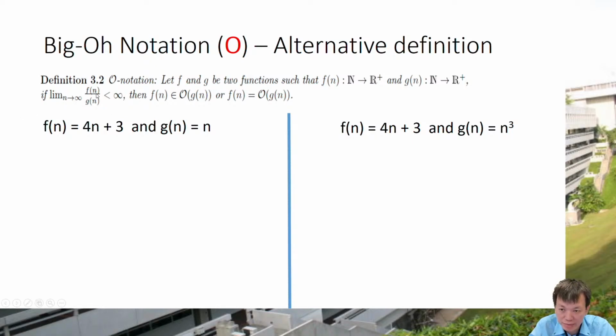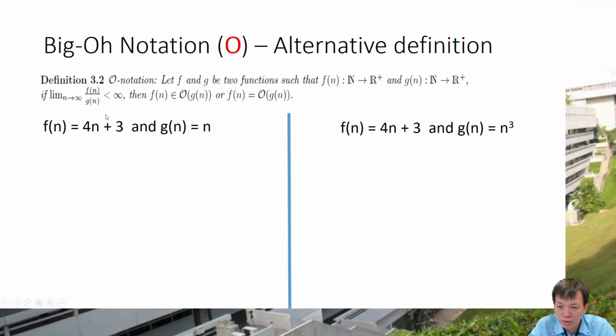The reason you can take the limit is very simple: if f(n) grows slower than g(n) or at the same rate, then the limit of this ratio as n goes to infinity is definitely less than infinity. If you understand the idea behind this, then you can use this alternative definition to determine whether f(n) is in O(g(n)) or not.